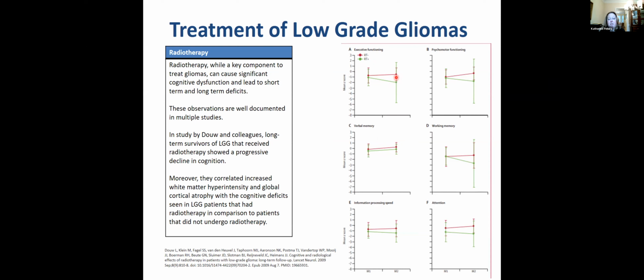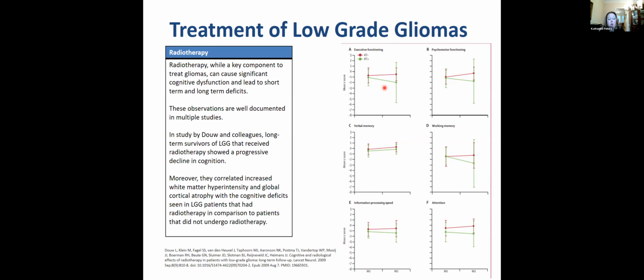And you can see that their mean scores on cognitive tests were poor. And these can be best seen in tests of attention. We can also see it with executive functioning. And I've done some similar work in survivors of high-grade glioma, which shows very similar results.